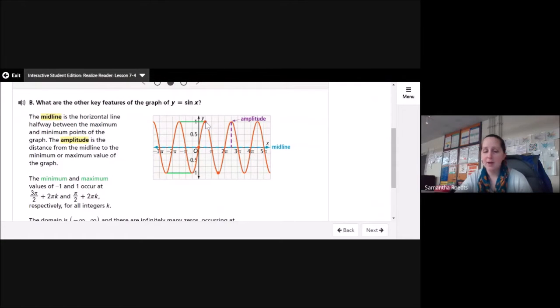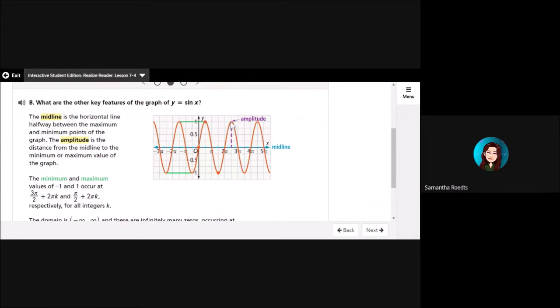So that's my maximum, plus 2 pi k. Basically I have this point and then I add 2 pi, which gets me to my next maximum. Notice that they're always between. So if I added 2 pi plus 1/2 pi, I would get 2.5 pi, which is where my second maximum point is.